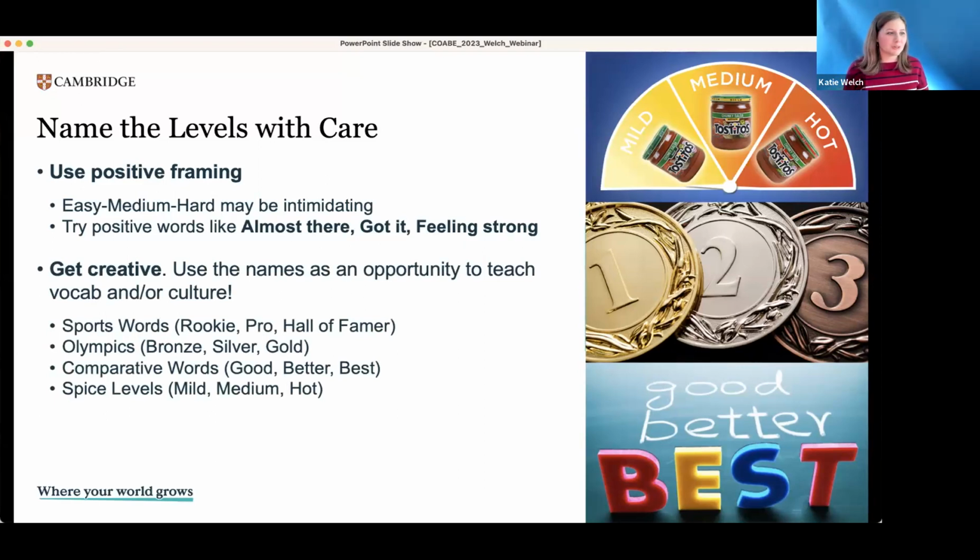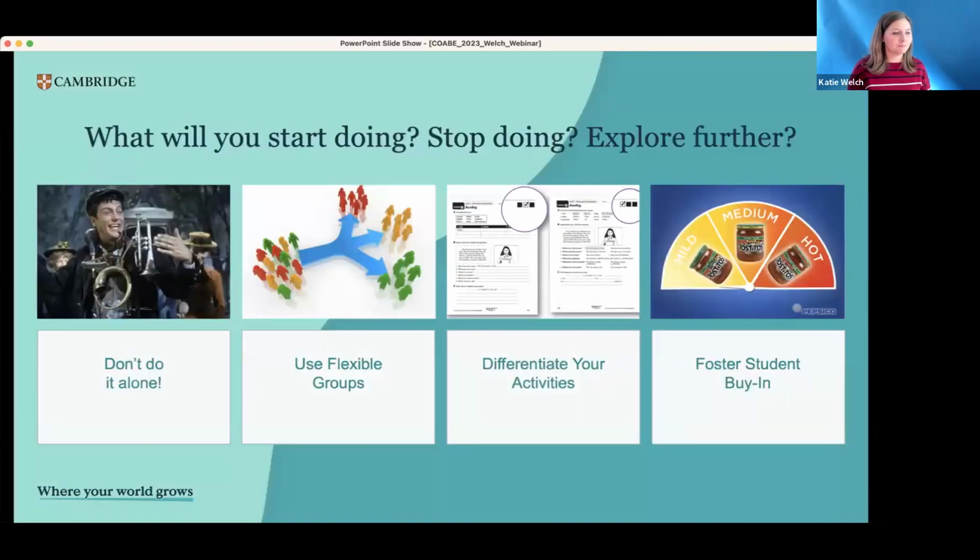You could use sports words like rookie, pro, Hall of Famer. You could use Olympics words like bronze, silver, and gold. You could use comparative words and do a little bit of grammar: good, better, and best. Spice levels like mild, medium, and hot. And that's a great culture lesson in and of itself. So just be mindful as you name levels of materials if you do have different activities going.